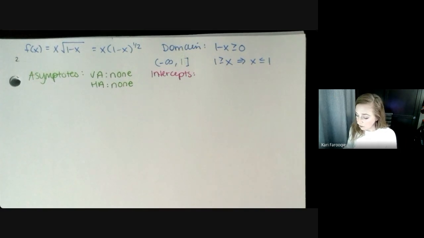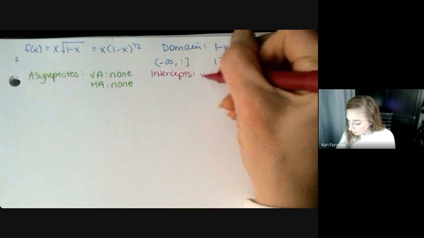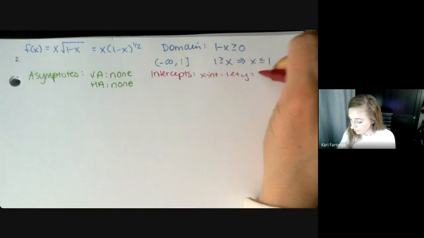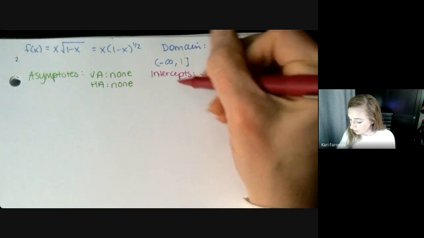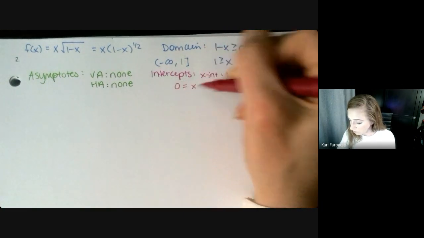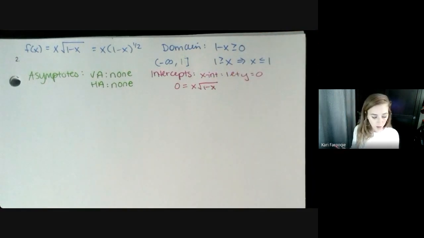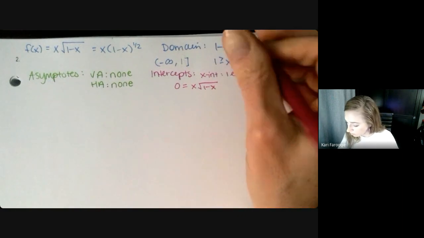All right, so for the intercepts, to find the x-intercept, let y equal 0. And when you let y equal 0, you're letting f of x be 0. So we're saying 0 is x times the square root of 1 minus x. So in this case, when we're letting y be 0, we can go ahead and solve for what value x would have to be for our intercept here.